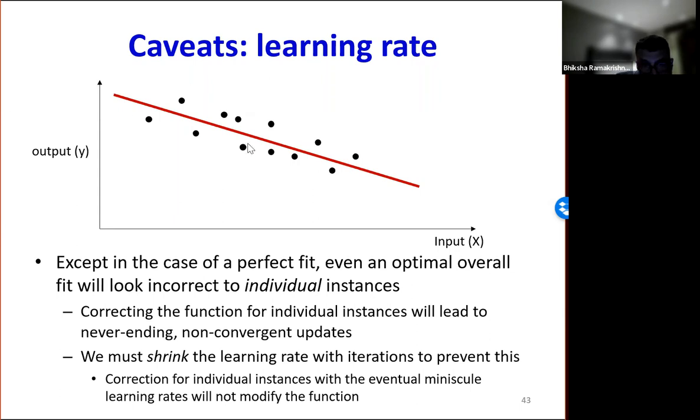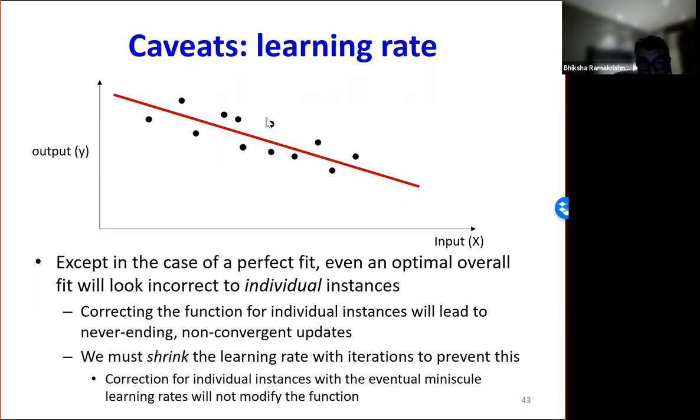So for example, if I've got all of these training instances and I'm trying to fit a line, the optimal line is going to be this red line. Now, is this red line correct for any one of my training points? No, it's wrong for every one of them, right?